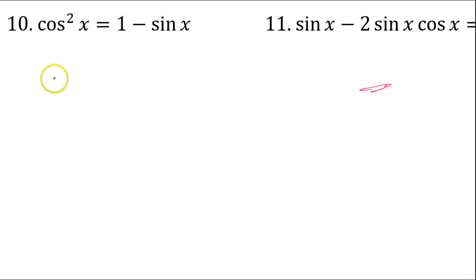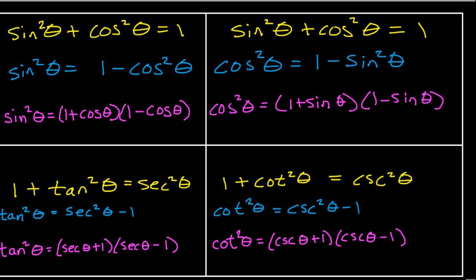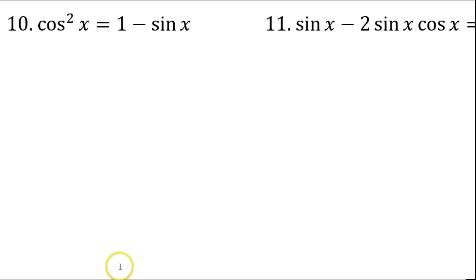All right. This one I see that we have cosine and we also have sine. So I'm going to do a substitution so that I have all one type of trig function. And I need to work with the one that's squared because that's what's on my chart of Pythagorean identities. Cosine squared equals 1 minus sine squared.